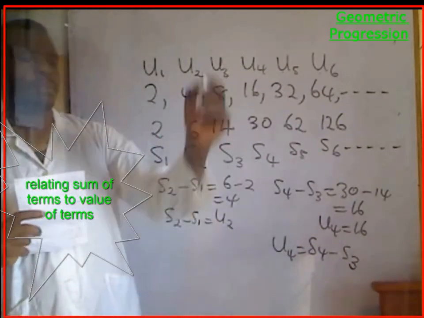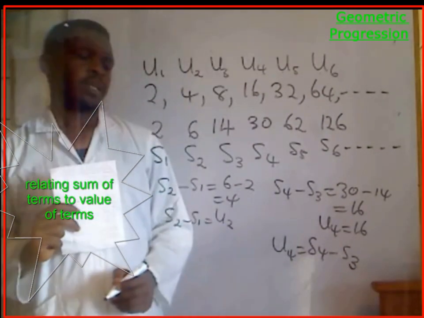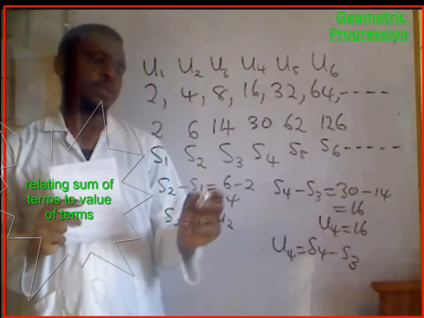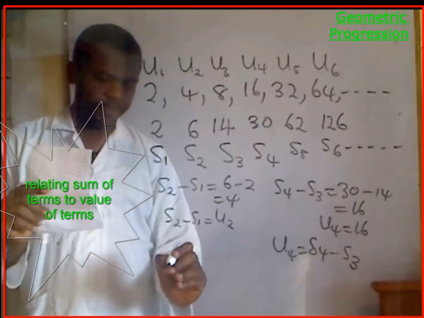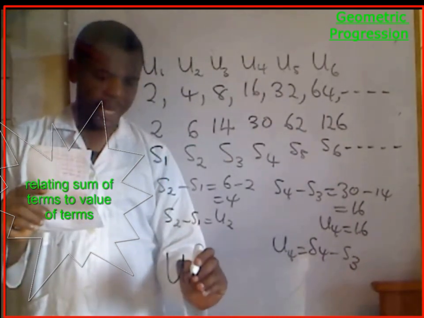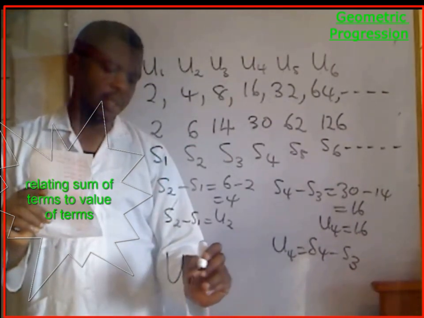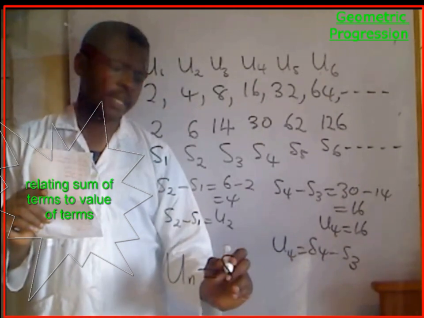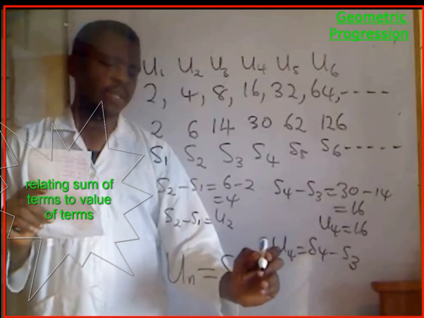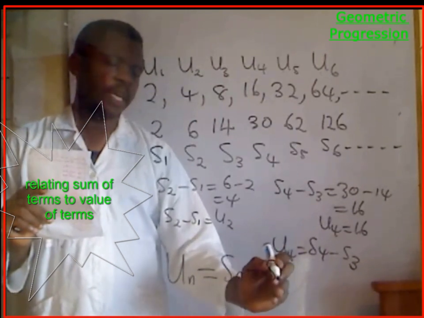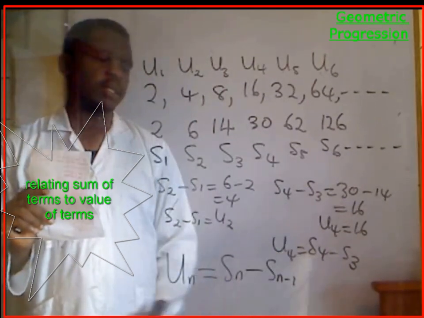We need to make a general statement relating the sum of the terms to the value of the terms. What do we say? We'll say Un is equal to Sn, the sum of the first n terms, minus S(n-1), the sum of the first n minus 1 terms.